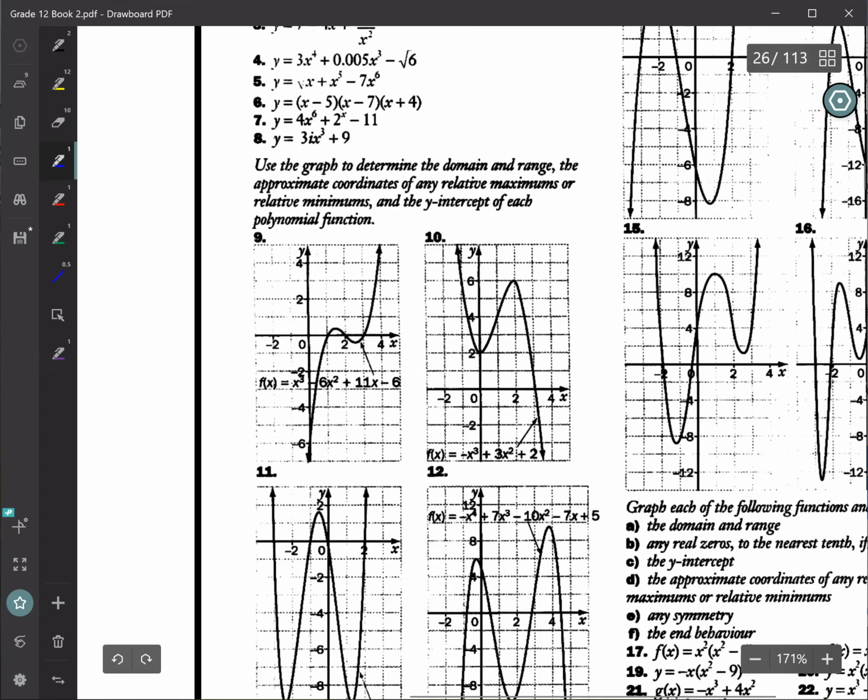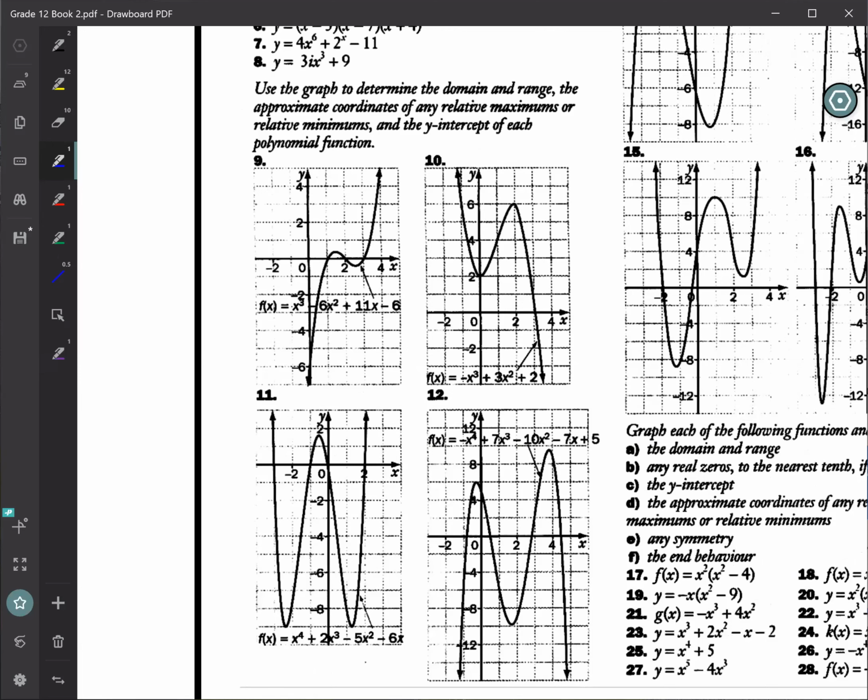The next section is you need to find the domain, range, and the approximate coordinates of max and min. Just looking at the graph, you approximate because some points are not exact. You can give me up to 1 decimal point. And then the y-intercept. This part is about reading the graph.